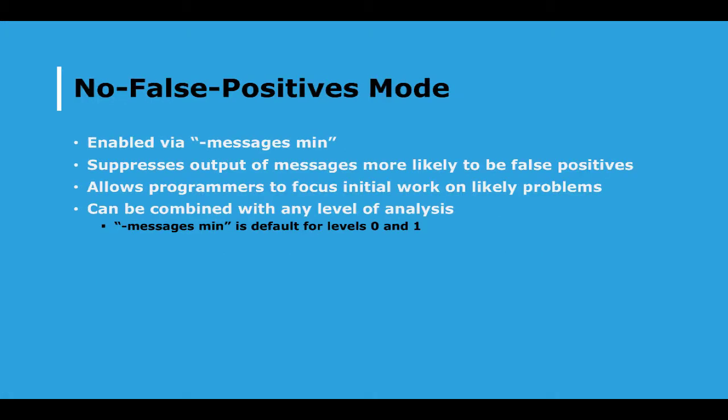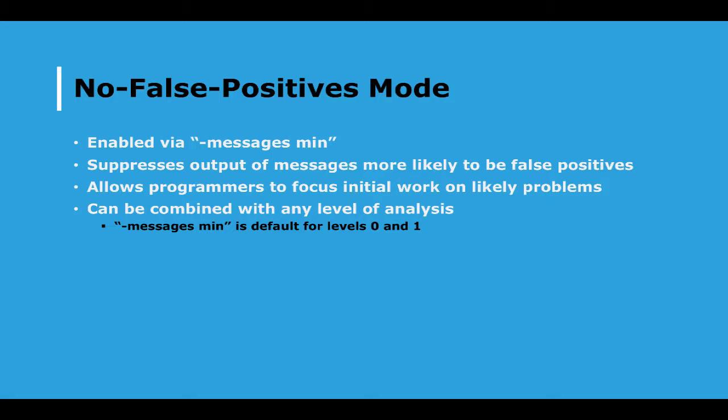Another important, relatively new capability is an ability to suppress messages to the point where you will only be seeing messages where CodePeer is most certain that this is an actual problem with your program. The no false positives mode says that I really only want to see the things CodePeer believes are the most serious, the most likely real problems, so it suppresses messages that are more likely to be false positives.